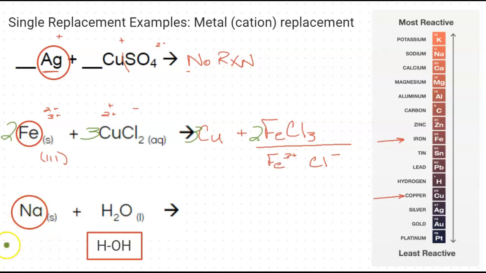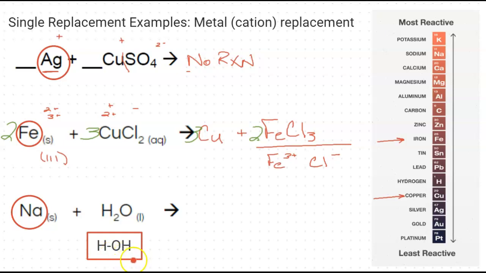For the final example, I want to show you one that can get a little bit tricky. When you are working with replacement reactions, and this is only going to help you on replacement reactions, the one thing I want you to look for is water. When you see water in a replacement reaction, it is very often helpful to write it instead of H2O as HOH.